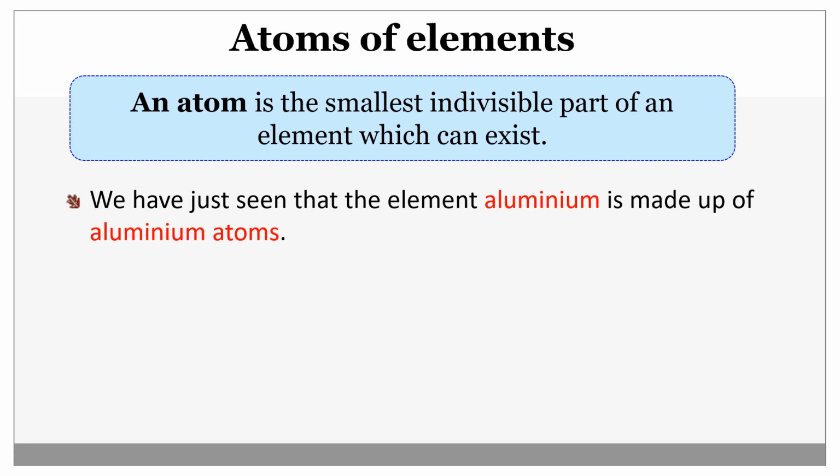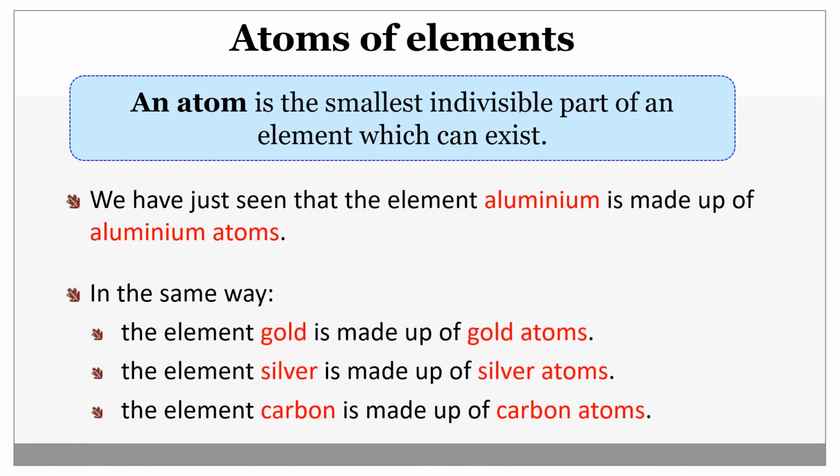We have just seen that the element aluminium is made up of aluminium atoms. In the same way, the element gold is made up of gold atoms. The element silver is made up of silver atoms. The element carbon is made up of carbon atoms.